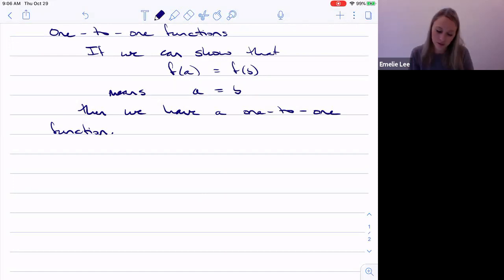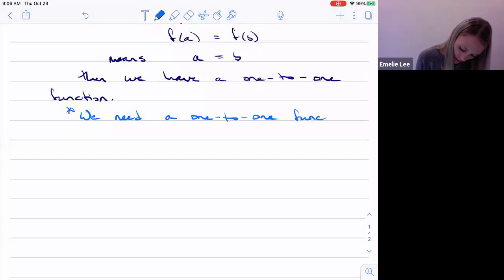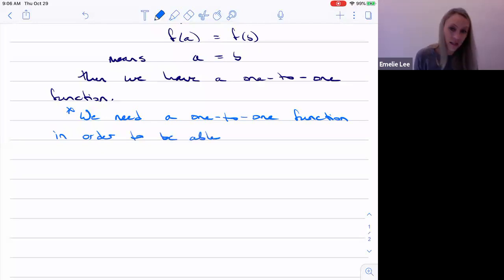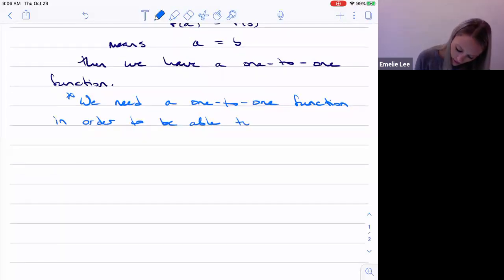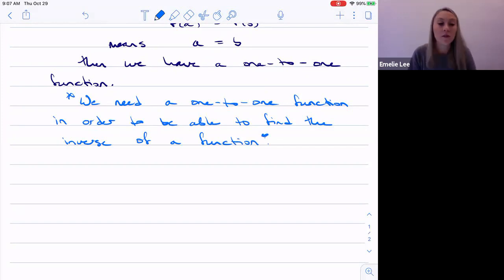So to find the inverse, we need a one-to-one function in order to be able to find the inverse of a function, right? So that only works if we have a one-to-one function.